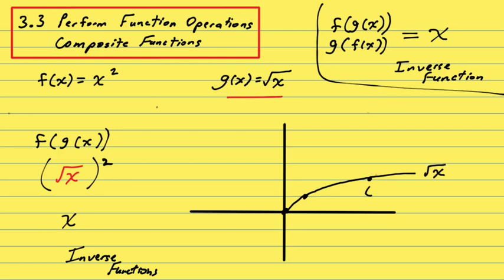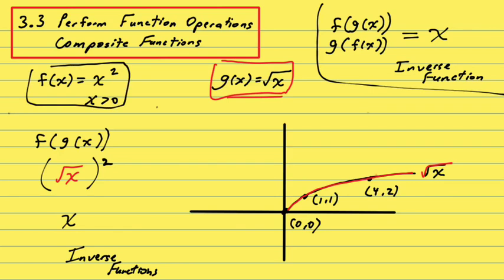The other one, x squared, which I'll do in red, if I was to restrict the domain and say x is greater than or equal to 0, its graph would look like this. Please notice that instead of going through 4, 2, it goes through 2, 4. In other words, you're switching the x and y values on inverse functions.